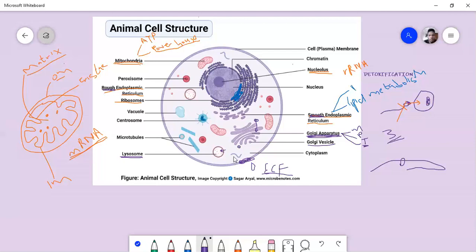But for the mere fact that it didn't go out of the cell and it didn't go to the plasma membrane, it now becomes a lysosome. I hope I'm making sense and I'm not confusing you. So if they ask you where the lysosome comes from, you tell them that it parts from the Golgi apparatus. And then it contains digestive enzymes. Just write DE. It contains digestive enzymes.